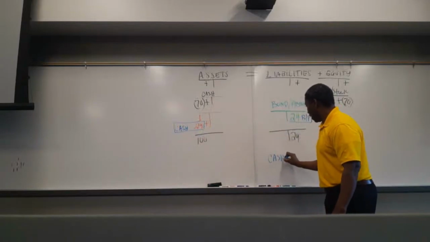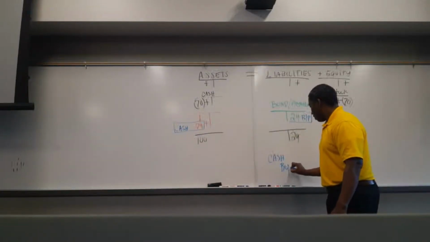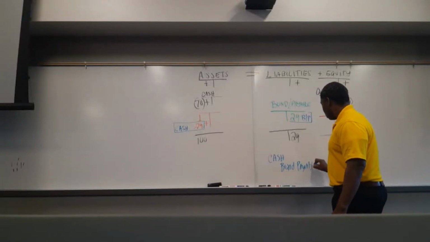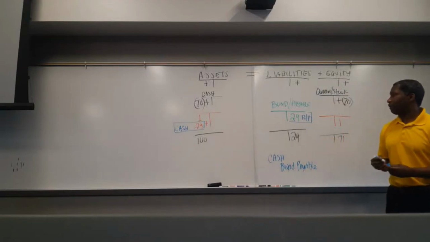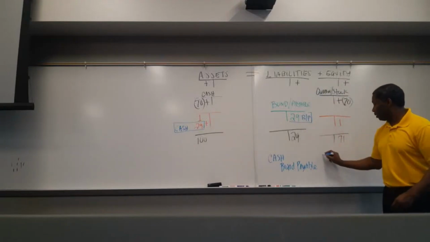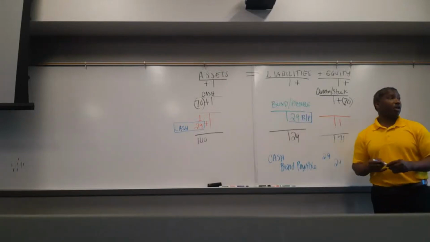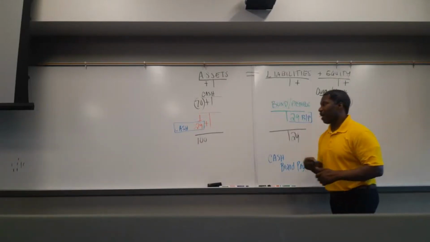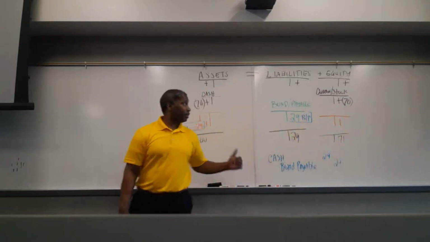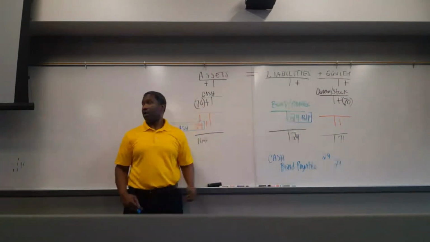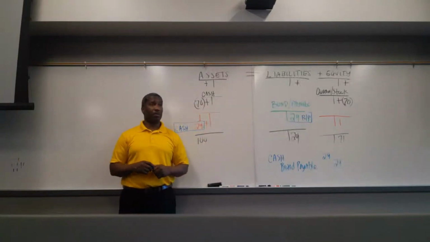I'm going to debit cash, I'm going to credit bond payable for the cash that I received from my business as a result of that, okay? So this may be a new journal entry for us, all right? But this is how I record the cash that I received as a loan in terms of bond payable. That's what we have right there, okay? Everybody good with that one?